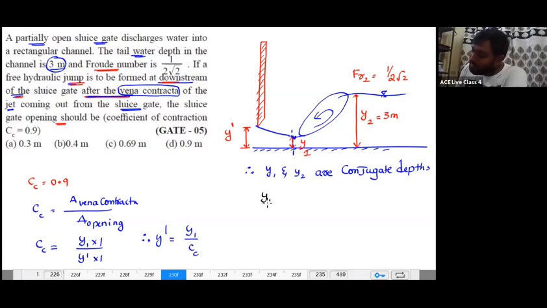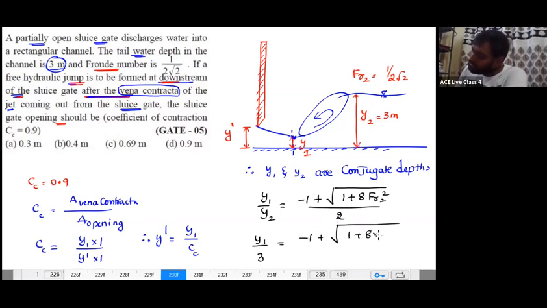But I can write this one as y1 by y2 is minus 1 plus root of 1 plus 8 Fr2 square by 2. So y1 by y2 is 3 meters minus 1 plus root of 1 plus 8 into 1 by 2 root 2 whole square by 2.